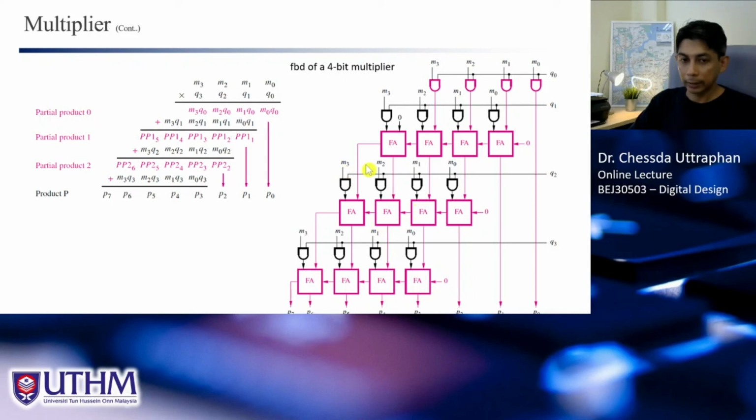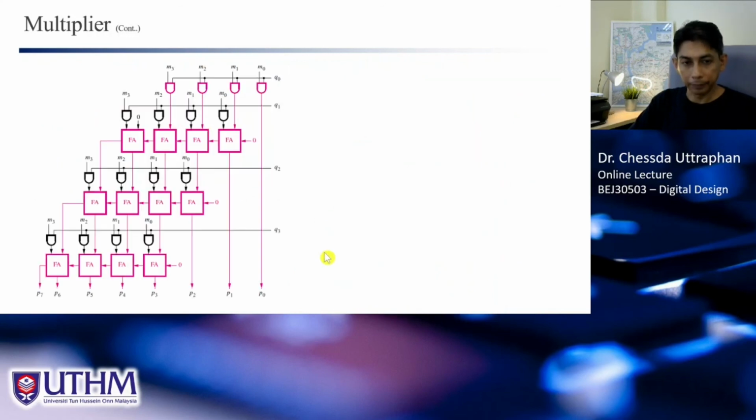So multiplier is expensive. It needs more circuit components, and needs more space in order to get the adder multiplier. All right, but we have learned already how to design a complex circuit using what we call the hierarchical design methodology.